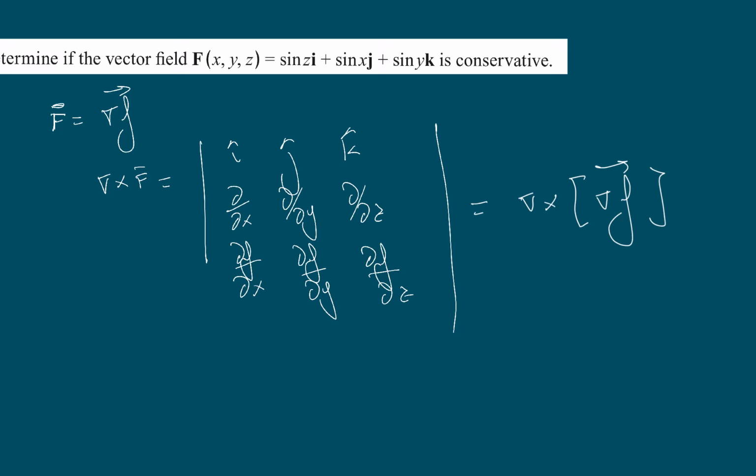Okay, and what will this be? Well, if you do it, you will see that there appears the partial derivative of f with respect to y and z, and here the partial derivative with respect to z and y. They will cancel. Conclusion: if F is equal to the gradient of f, so there exists a potential function whose gradient is the vector field, then the curl of F is 0.